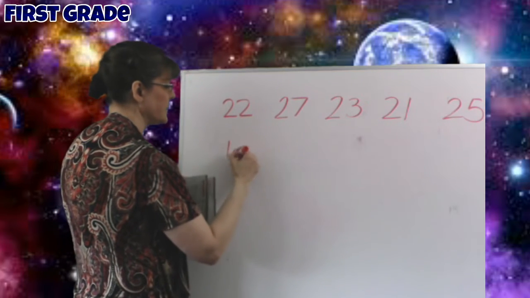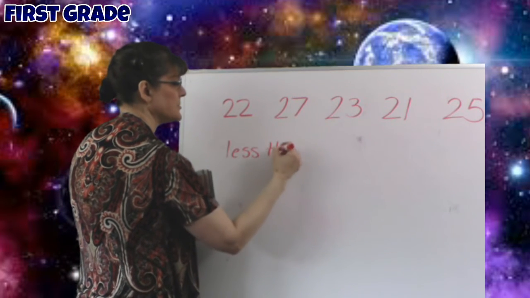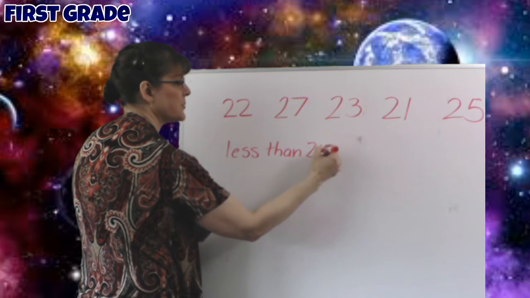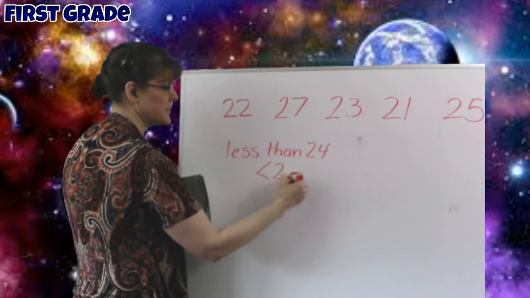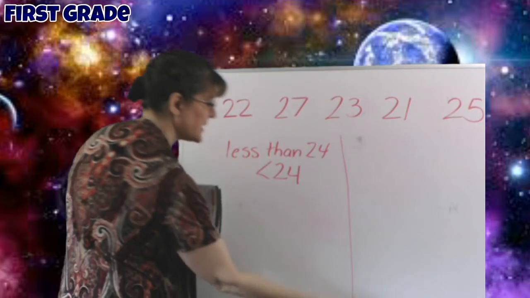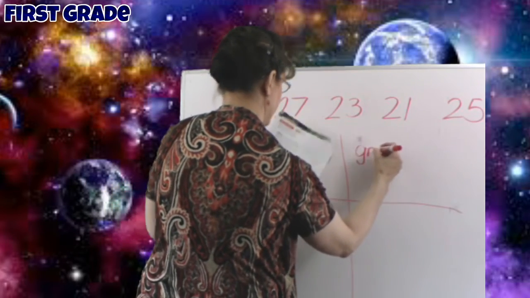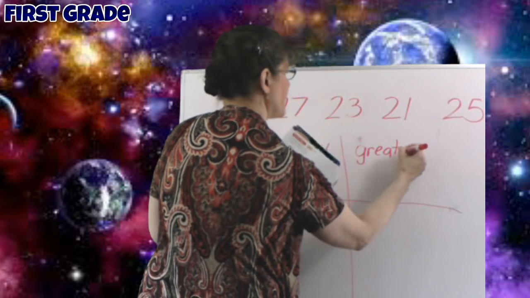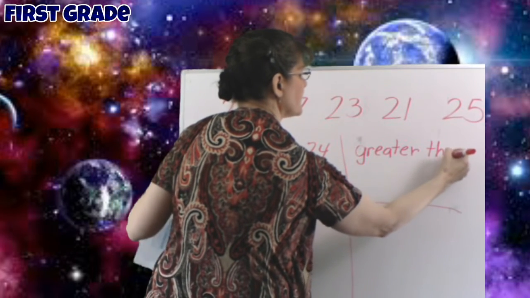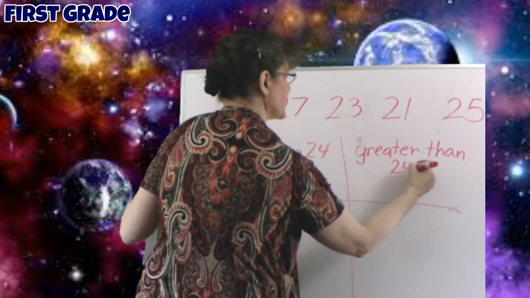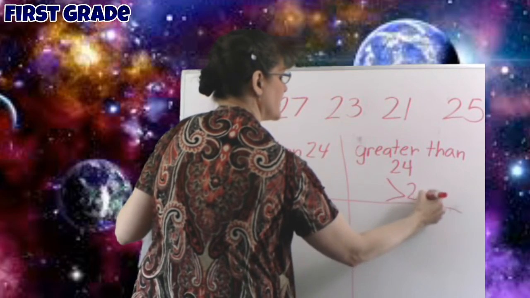So this side we have less than 24. Our symbol for that would be like this, less than 24 in this box. And then greater than 24 in this box. And here's our symbol for greater than 24.